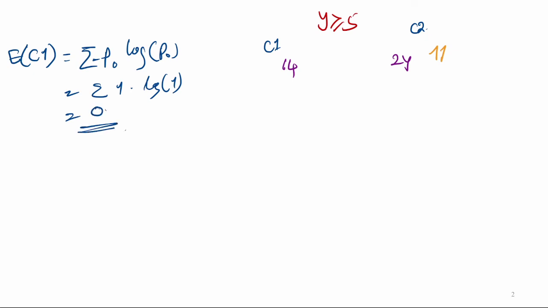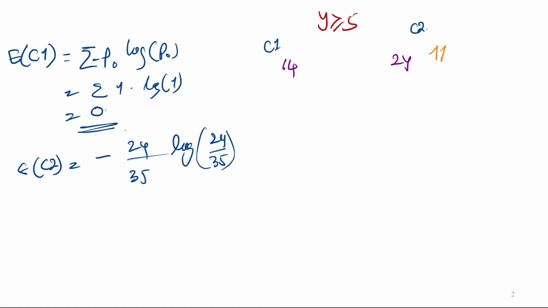And then we have the entropy of C2. Here there are two classes, so it is minus 24 out of 35 times log 24 out of 35, minus 11 out of 35 times log 11 out of 35.